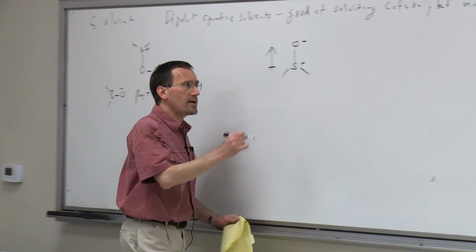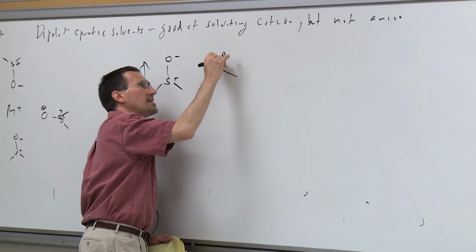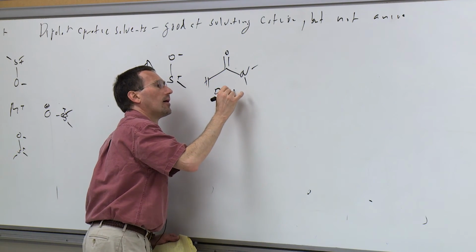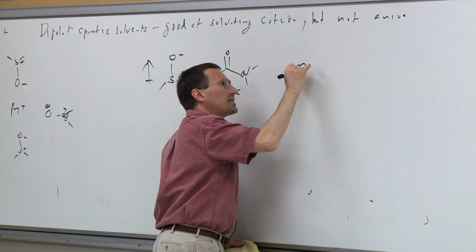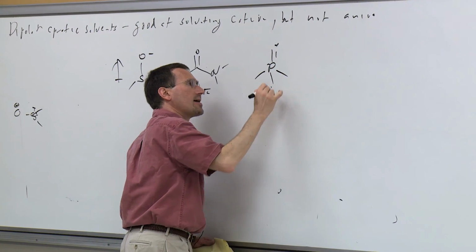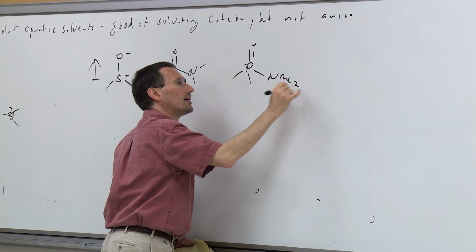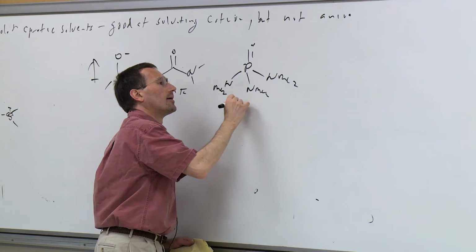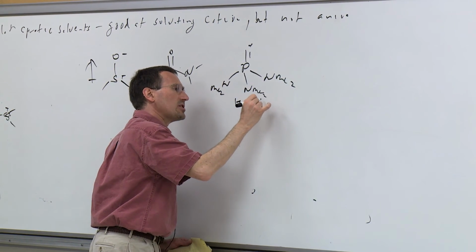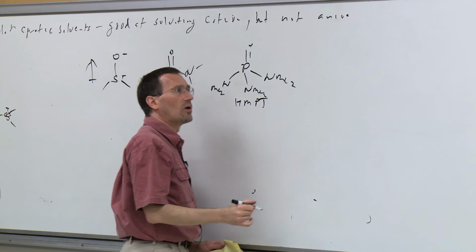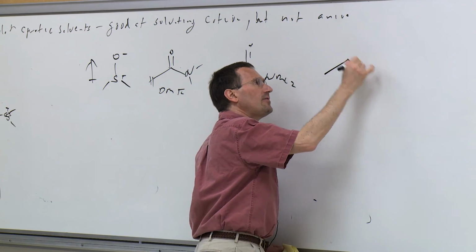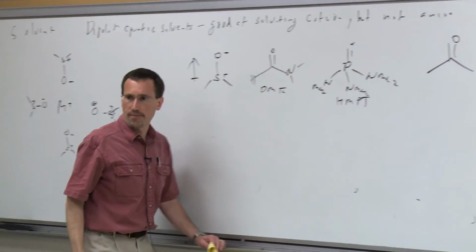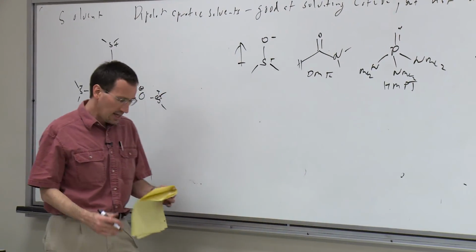Other dipolar aprotic solvents include DMF, hexamethylphosphoric triamide, HMPT or HMPA as it's sometimes called, is another one. Even plain old acetone can be a good dipolar aprotic solvent.